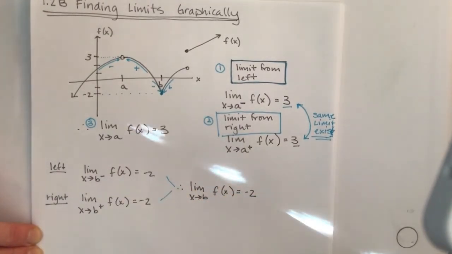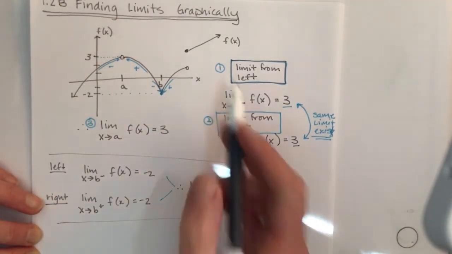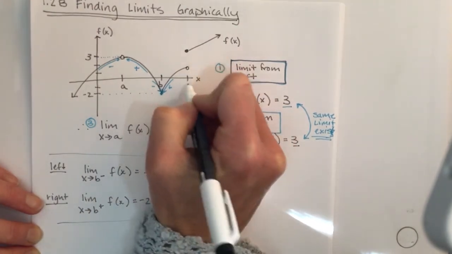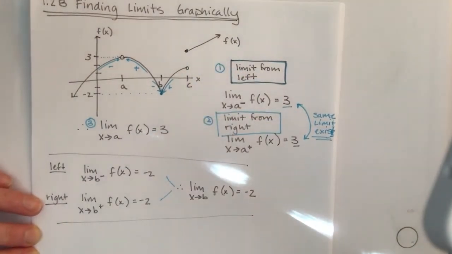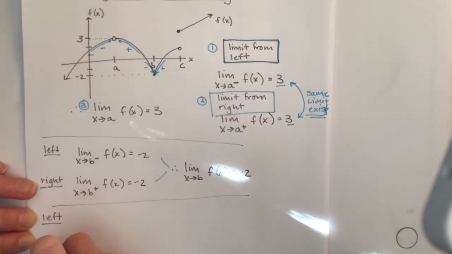And you're done. Now, what's going to happen here? We did A, we did B. Let's try this point, C. We're going to do from the left and from the right.